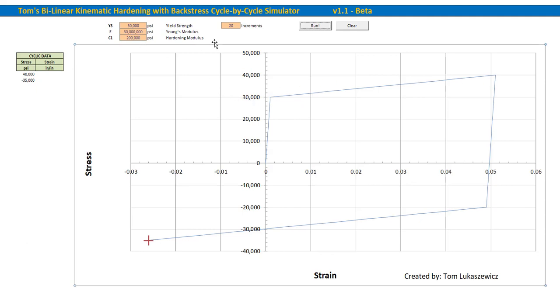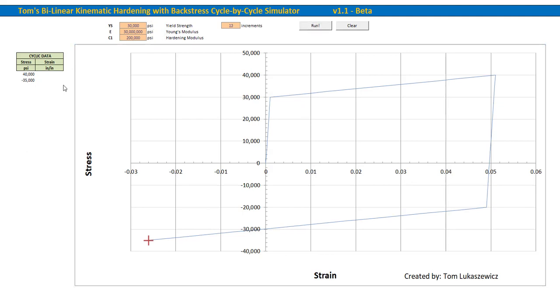So you can see here it's between 40 and negative 20, so a delta of 60 KSI, which is exactly 2 times the yield strength. That will remain throughout all the cycles, and that's just part of the kinematic model.